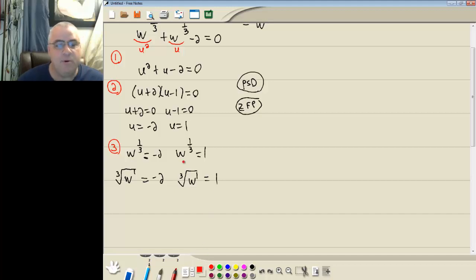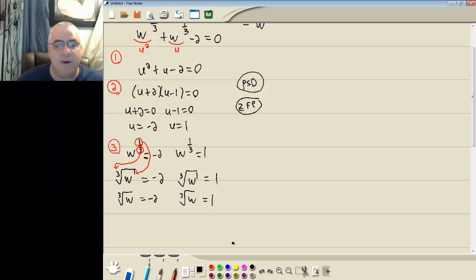If you remember from when we worked with radicals, if you got it in a fractional power form, rational exponents, then whatever number is in your denominator, that's what goes in this slot. That's called your index. Whatever number is up on top is what goes right there. That's your power that goes inside. So this is basically just the cube root of w is equal to negative 2, and the cube root of w is equal to 1.